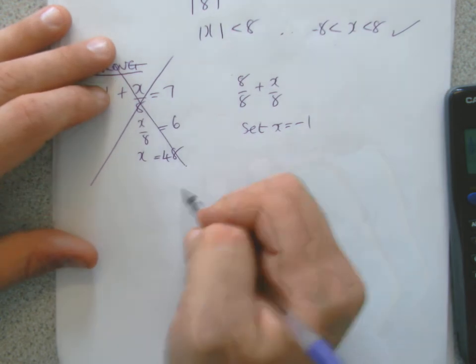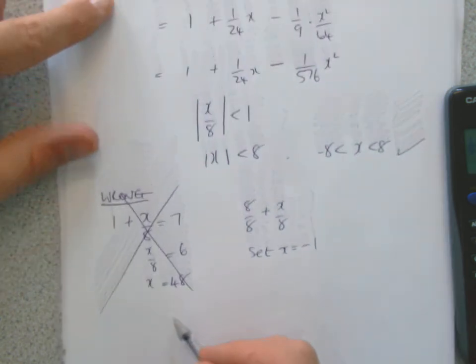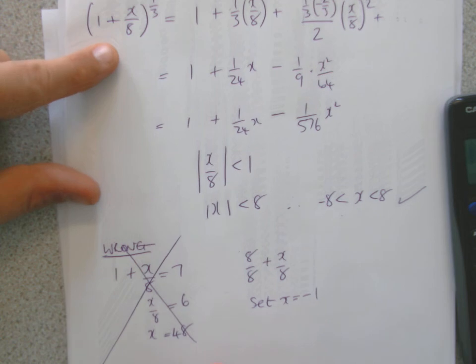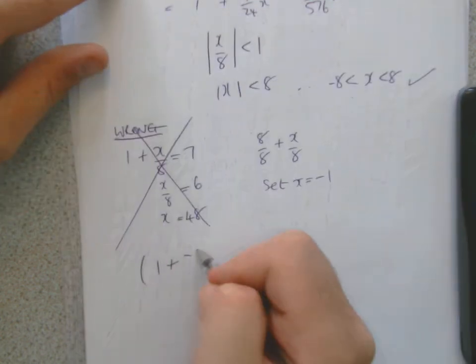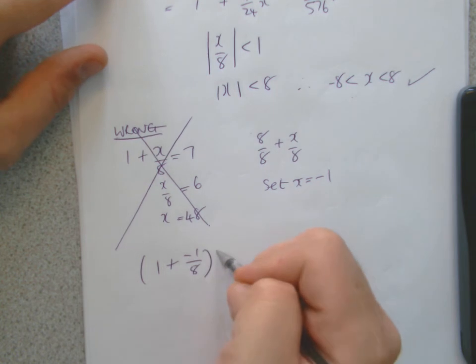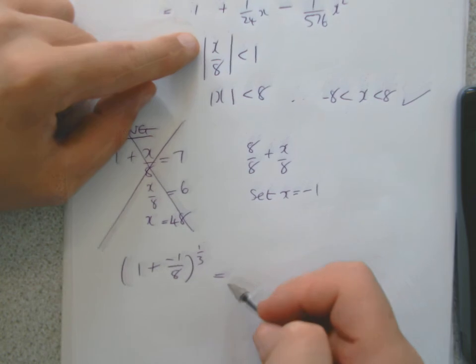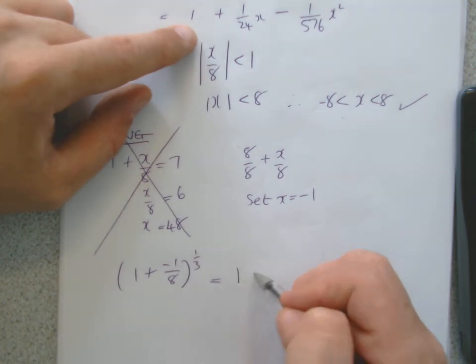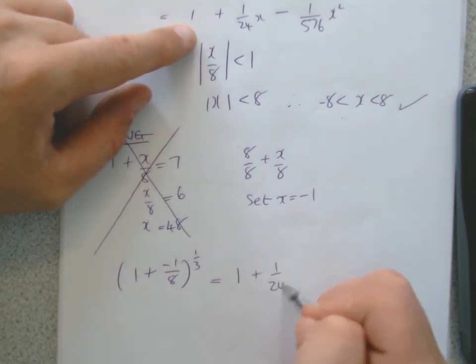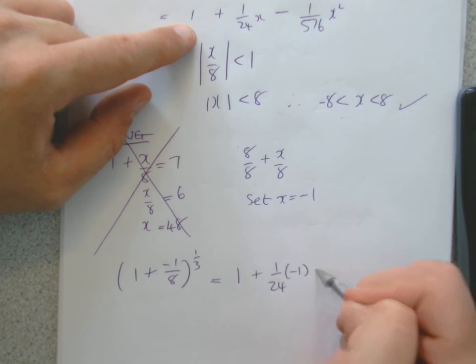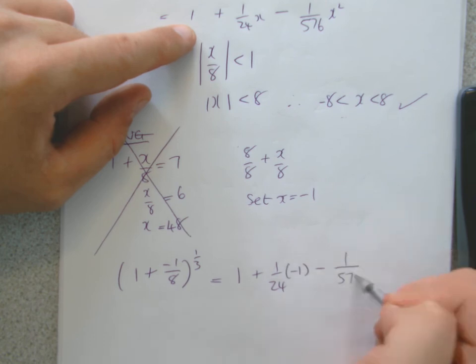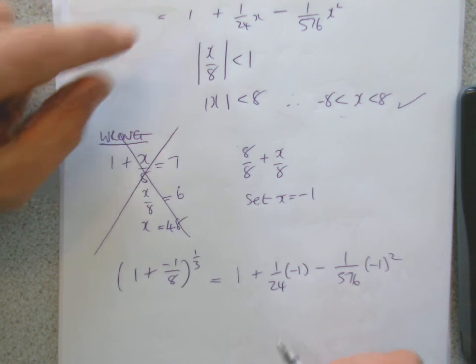So setting x to equal minus 1, put it into this up here. So you'd have 1 plus minus 1 over 8, to the power third, equals then, and put it into this expansion, 1 plus 1/24 times minus 1 for x, minus 1 over 576 times minus 1 all squared.